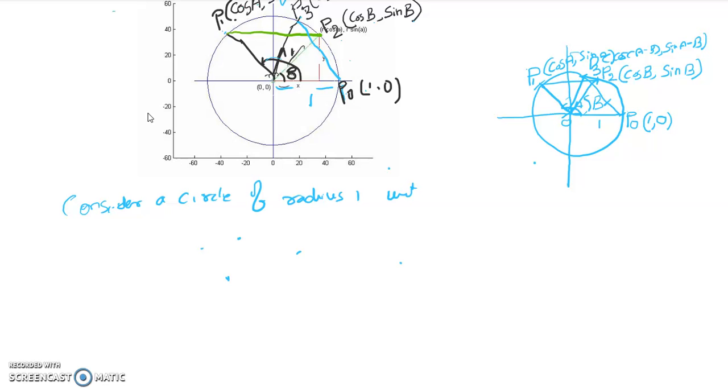So from this diagram, consider a circle of radius 1 unit. P0 has the coordinates 1, 0.